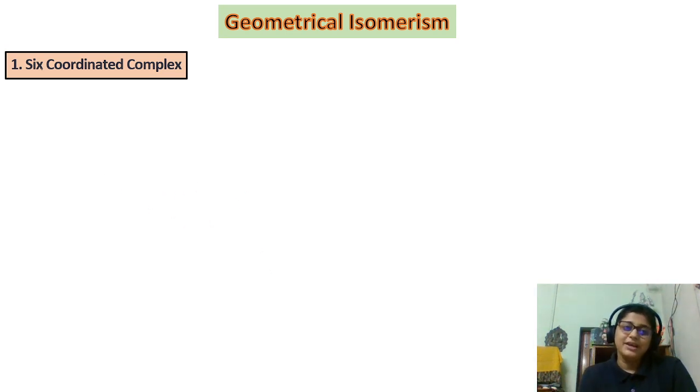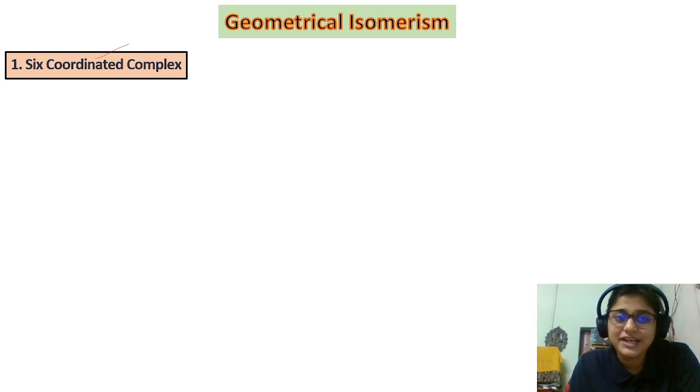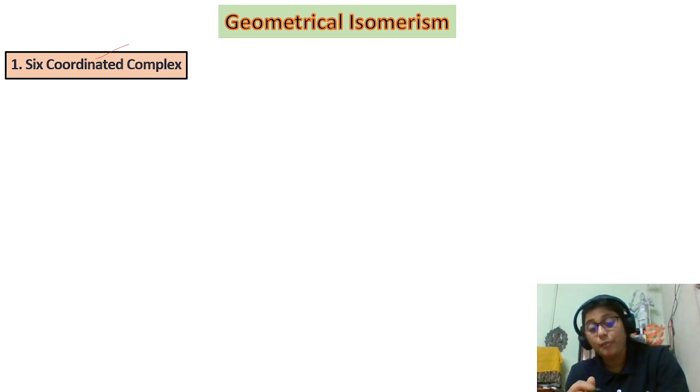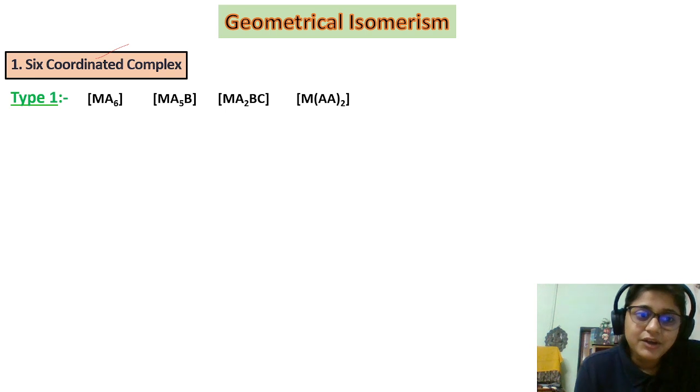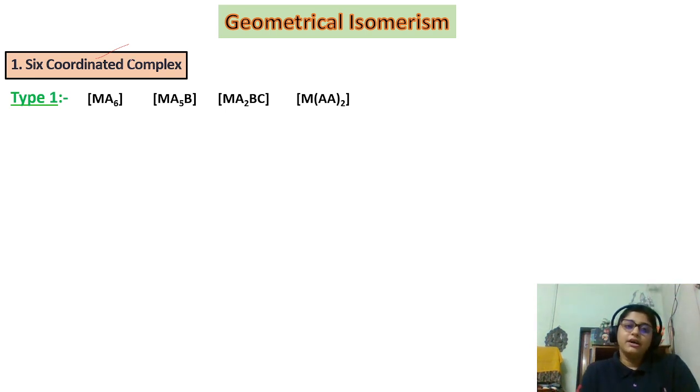So you must be thinking, right, like it will be more complex. We are studying complex compounds, and it will be complex obviously, but we have to find the easiest way to understand this topic and solve the questions easily, right? 6 coordinated complexes.